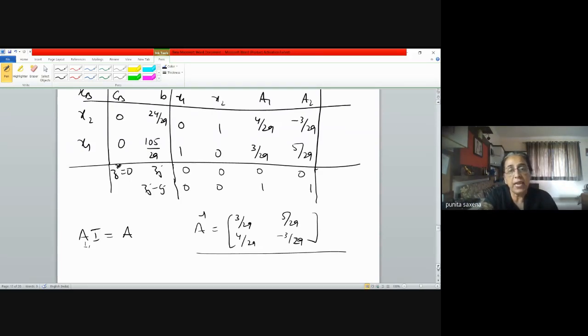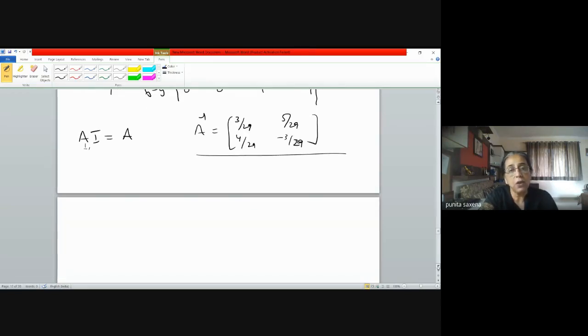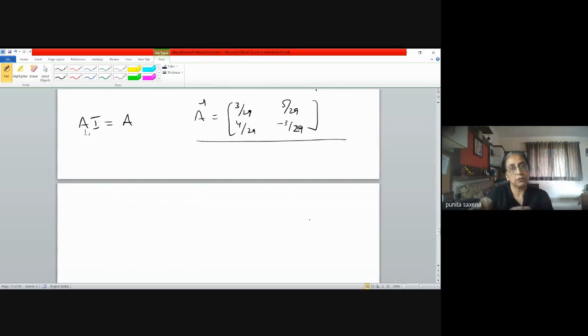Now, while talking of system of simultaneous equations and all, we have seen that we can simply proceed on and then find the solution. Now, the only question mark here is that when we are solving system of equations, it's not necessary that my system will always have non-negative solutions.